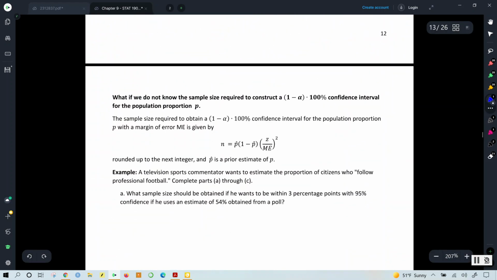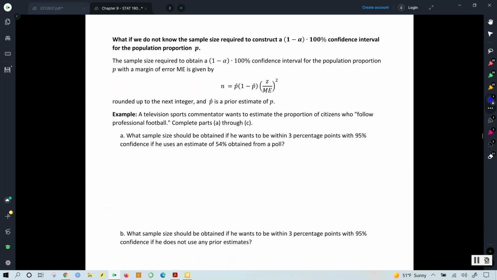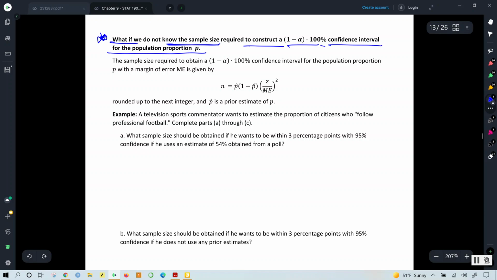Okay, with that said, we proceed to what formula we should use when we need to find the sample size needed to construct a 1 minus alpha times 100% confidence interval for the population proportion. This is where this whole idea stems from.